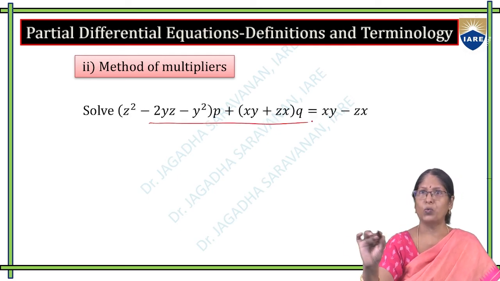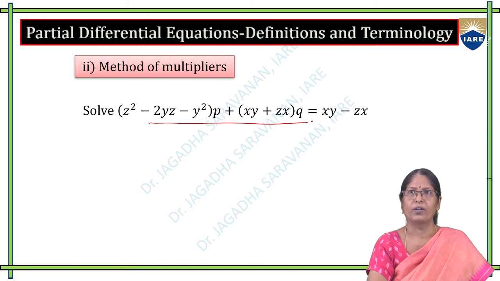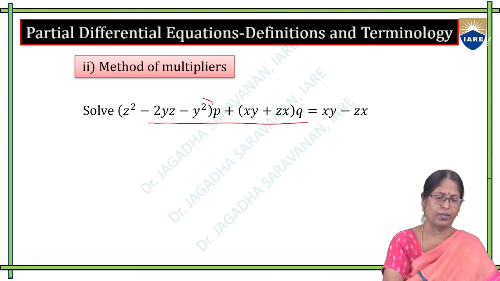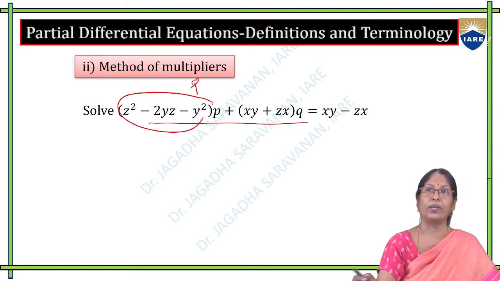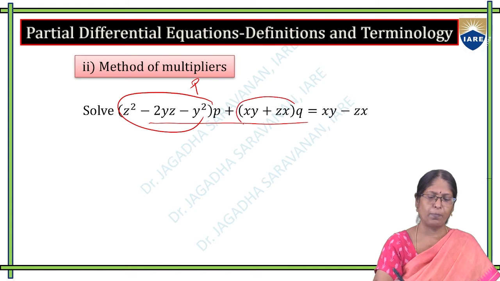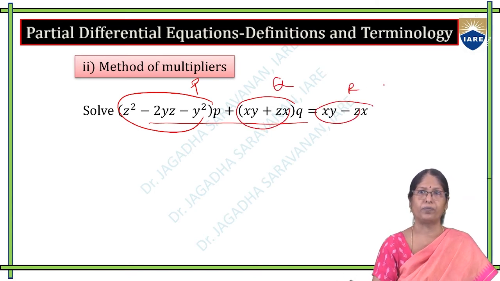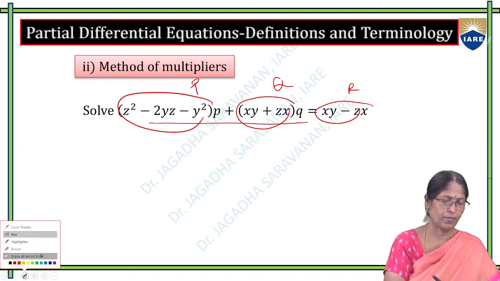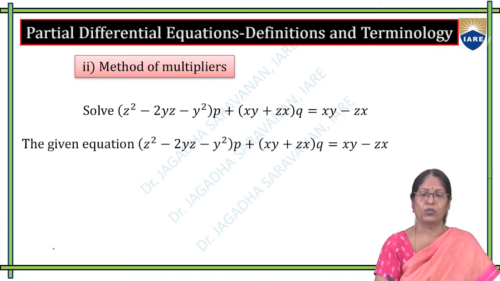Suppose this is given, which is in the format of Pp plus Qq equal to R. Looking at the equation itself, we can easily tell this is capital P, this is capital Q, and this is capital R.